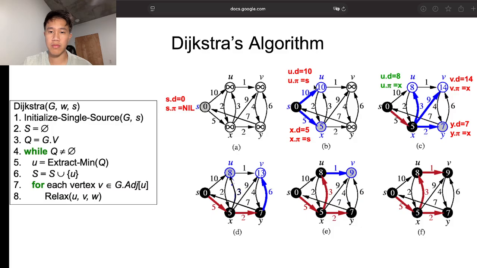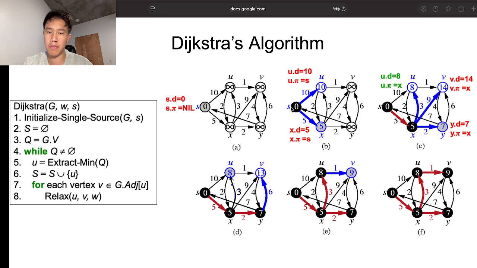And there are two edges branching out from source S, which go to node U and X. Intuitively, we're going to assign them the values of 10 and 5 since those are their distances to the source.